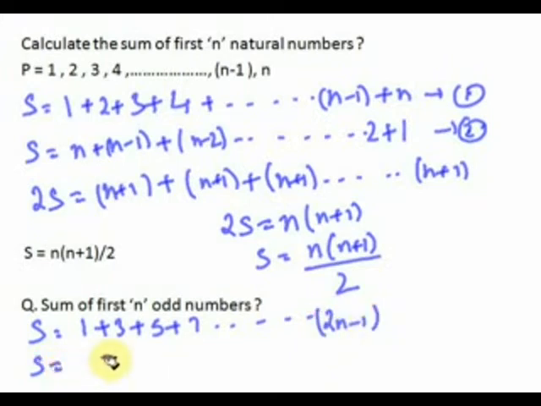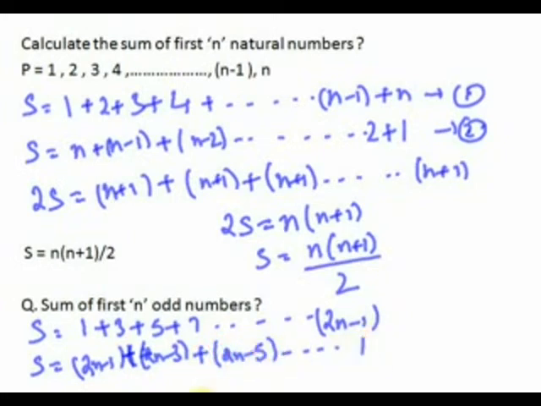We write the sum again in the reverse order. That is 2n minus 1 plus 2n minus 3 plus 2n minus 5 up till 1.